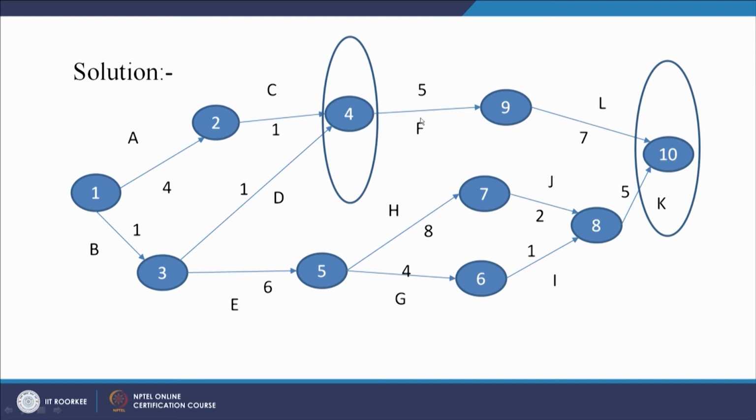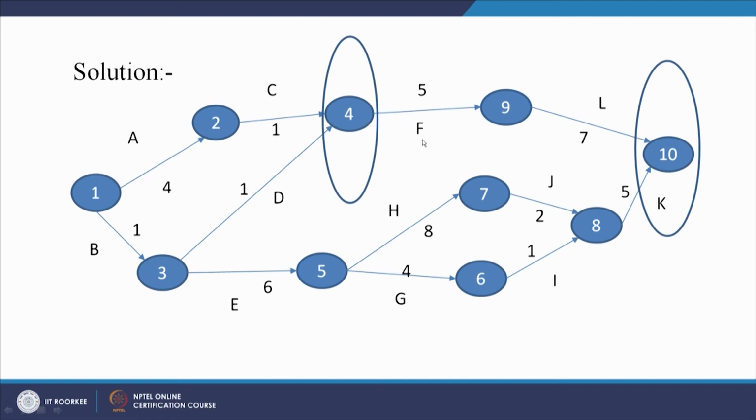Activity A will take 4 days, C will take 1 day. If we follow this path, F can start after 5 days. But if we follow the path B and D, B will take 1 day, D can start on the second day and will also take 1 day. So as per this path, F can start on the third day.